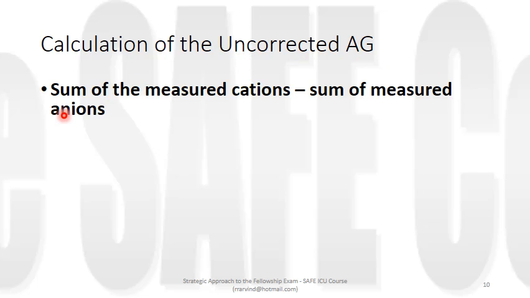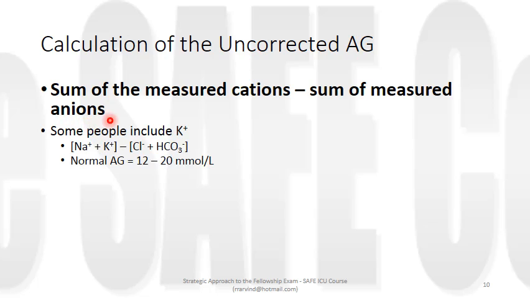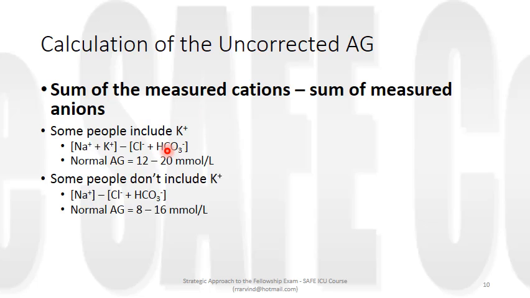What are the measured cations? It's sodium plus potassium minus chloride plus bicarb, and the normal reference range is about 12 to 20 millimoles per liter. However, some people who are lazy, that includes me, do not include the potassium, and we just take the sodium minus chloride plus bicarb. Usually the potassium is about 4, and the reference range now is 8 to 16 millimoles per liter. Okay.